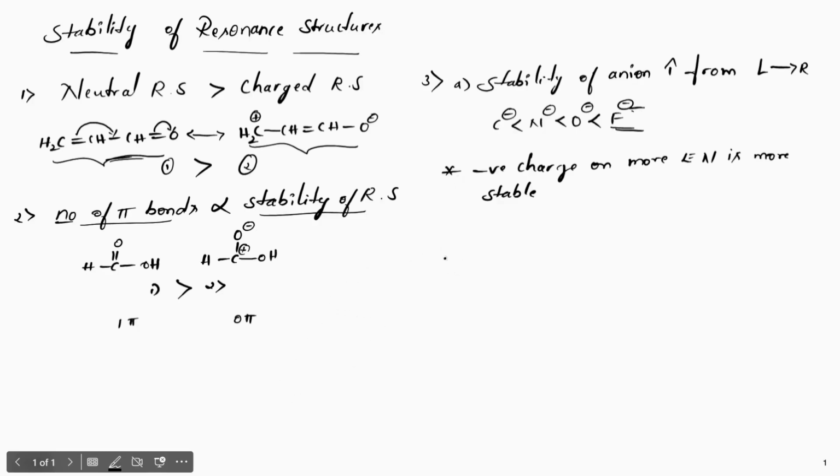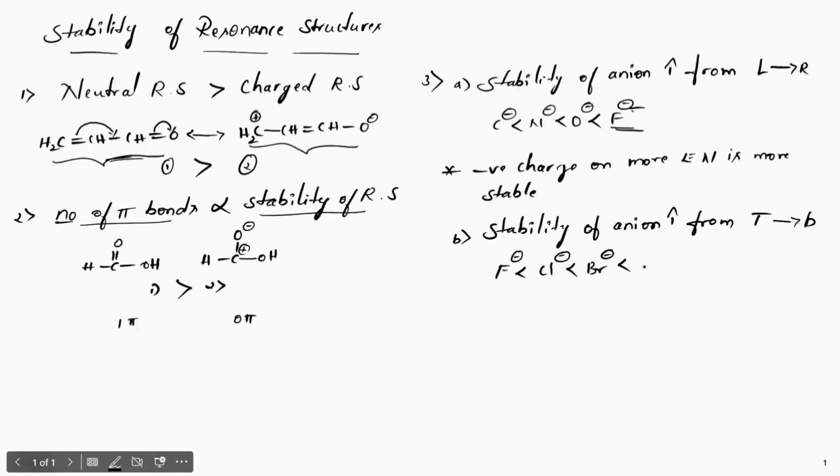Next thing is stability of anion. Stability of anion increases from top to bottom in the periodic table. That is, F minus is less stable than Cl minus, which is less stable than Br minus, which is less stable than I minus.